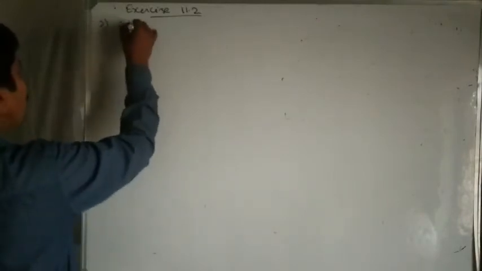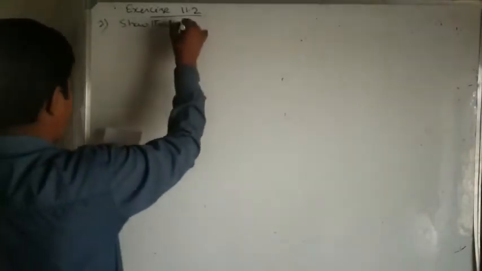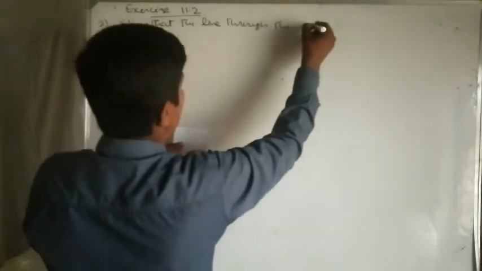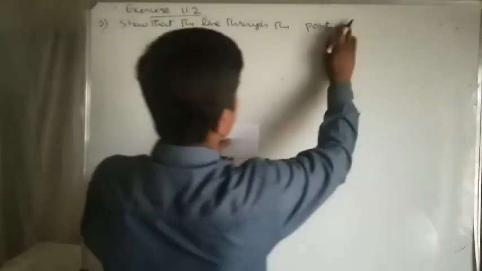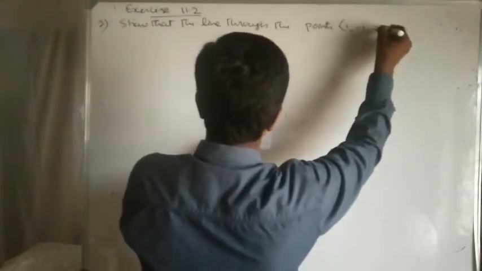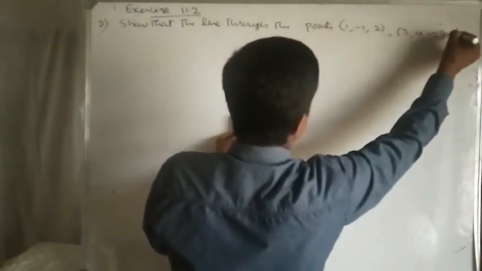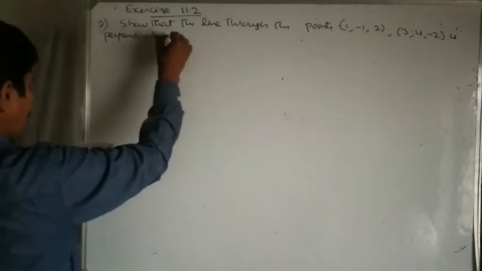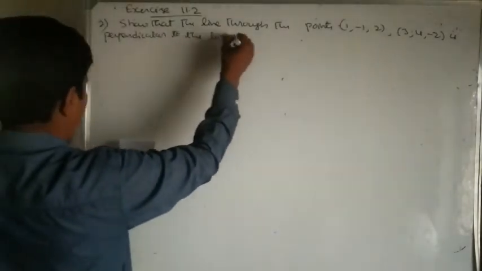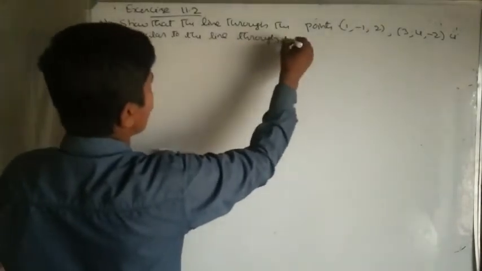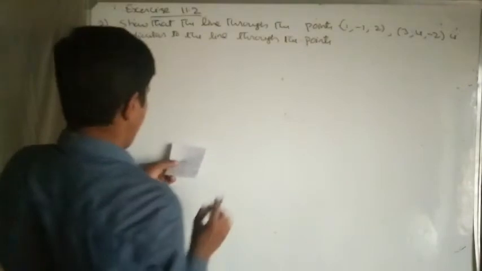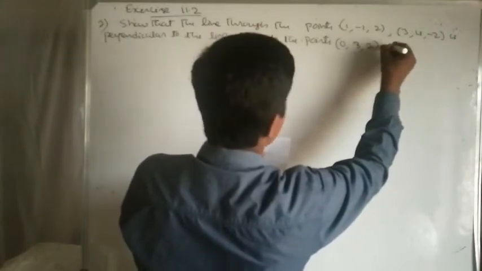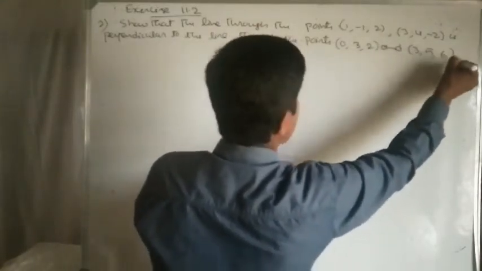Second problem, show that the line through the points 1, -1, 2 and 3, 4, -2 is perpendicular to the line through the points 0, 3, 2 and 3, 5, 6.